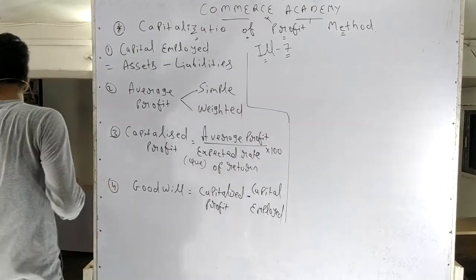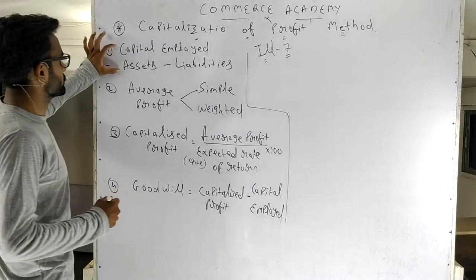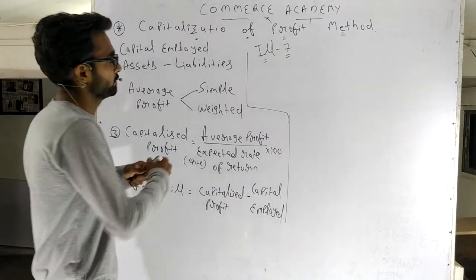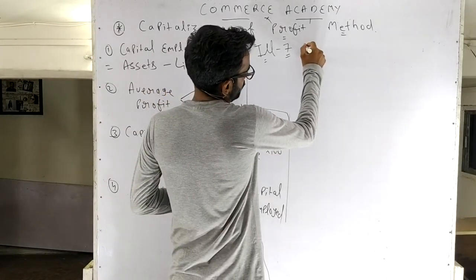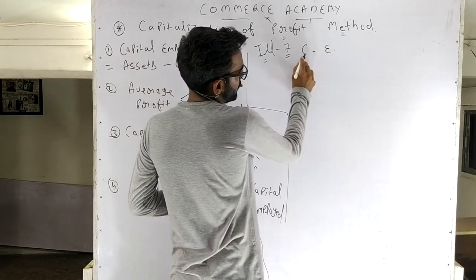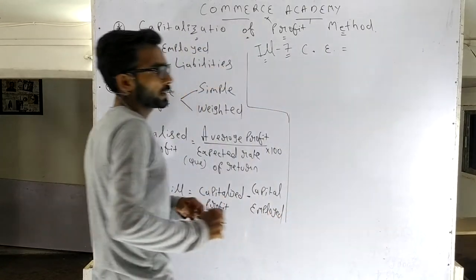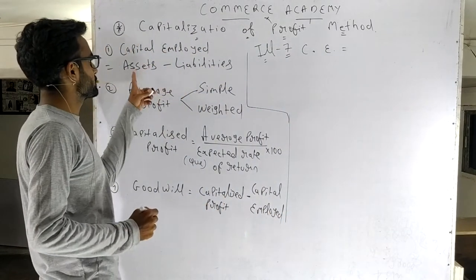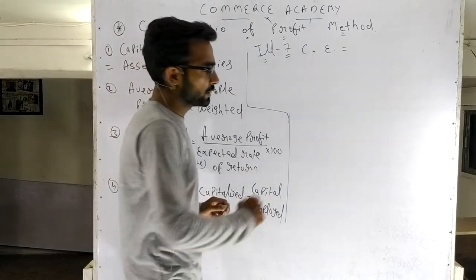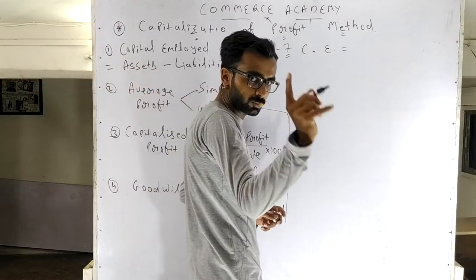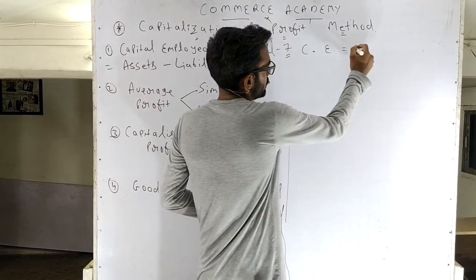Illustration 7. So first we will calculate the capital employed. CE means capital employed. Capital employed is equal to assets minus liabilities. So we have to write the formula in the examination.